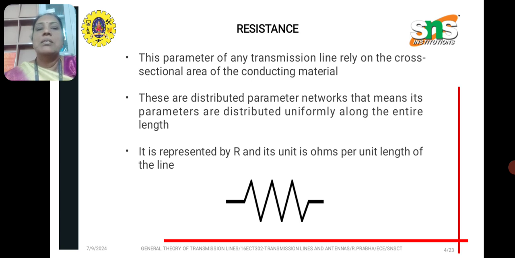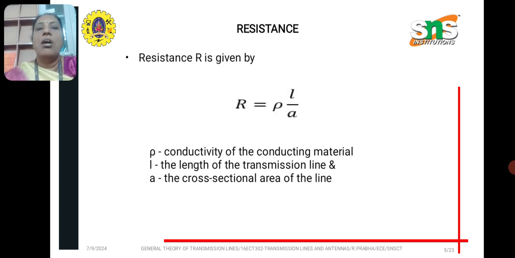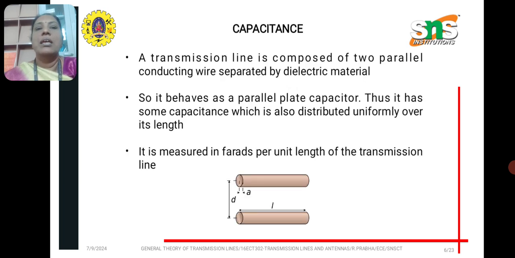It is represented by R and its unit is ohm per unit length of the line. And the resistance R is given by the formula R is equal to rho into L by A. Here rho represents the resistivity of the conducting material, L is the length of the transmission line, and A is the cross sectional area of the line.